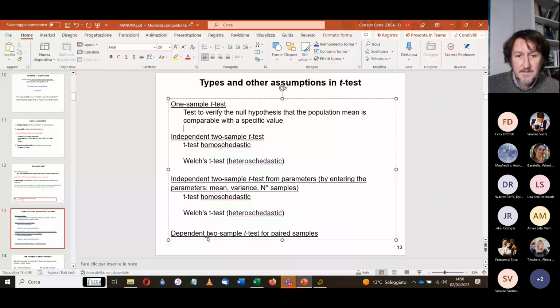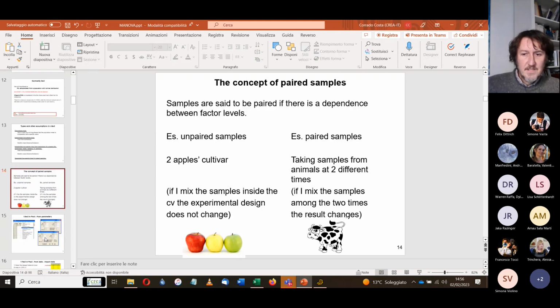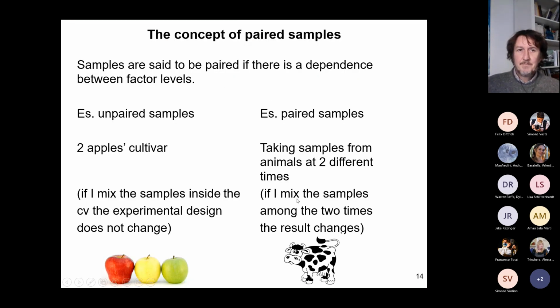The last case is the t-test for paired samples. What does it mean? Samples are said to be paired if there is a dependence between factor levels.